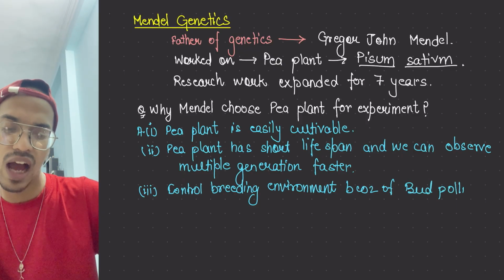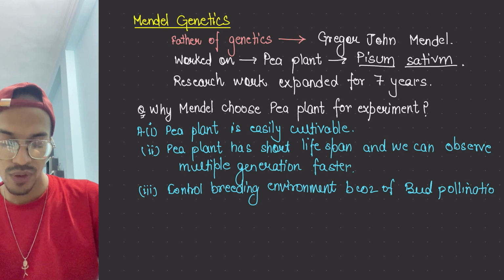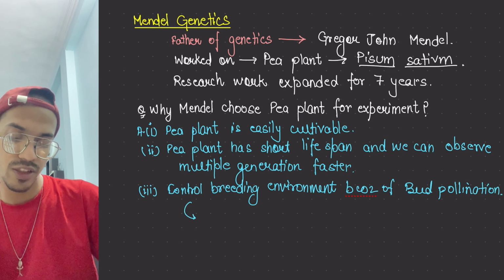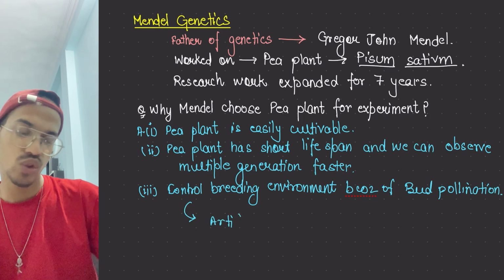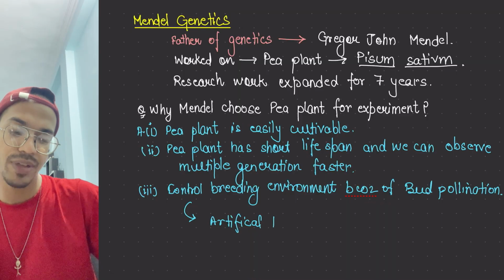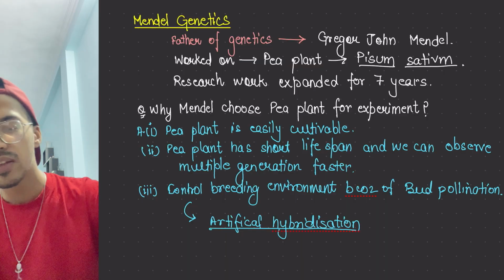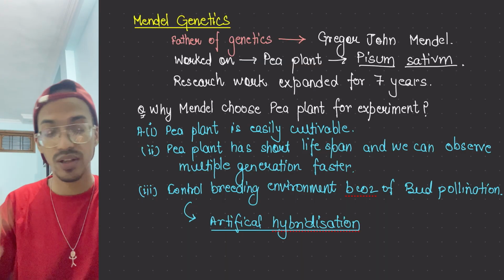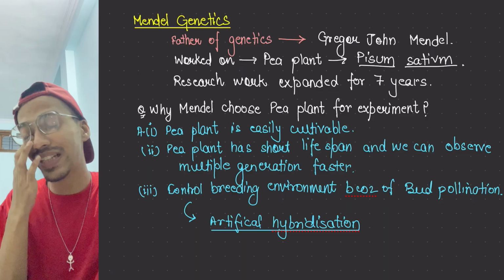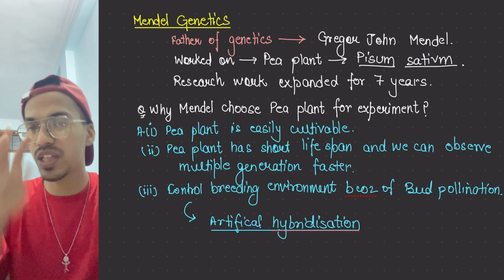So if someone asks you how we are doing it, we are doing artificial hybridization. So what happens in artificial hybridization? Since we haven't covered this topic yet, I am telling you here only, and when we do sexual reproduction in flowering plants, I would assume you would be able to recall this.